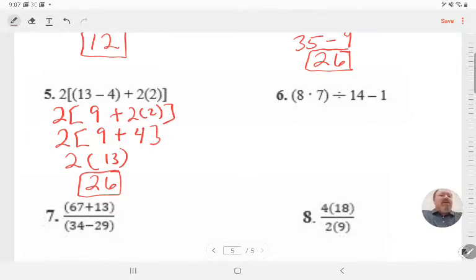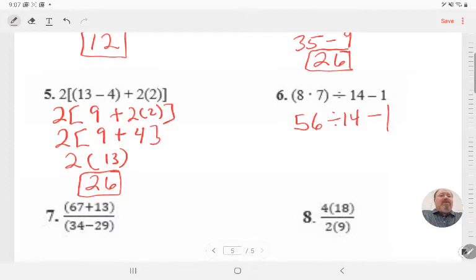All right, number 6. We have 8 times 7 divided by 14 minus 1. So we look for parentheses. We have parentheses, which is 8 times 7. So 8 times 7, which I believe is 56, divided by 14 minus 1. So again, we do multiplication and division before we do adding or subtracting.